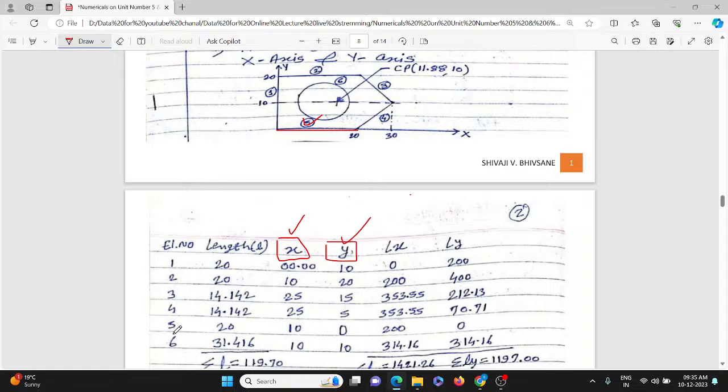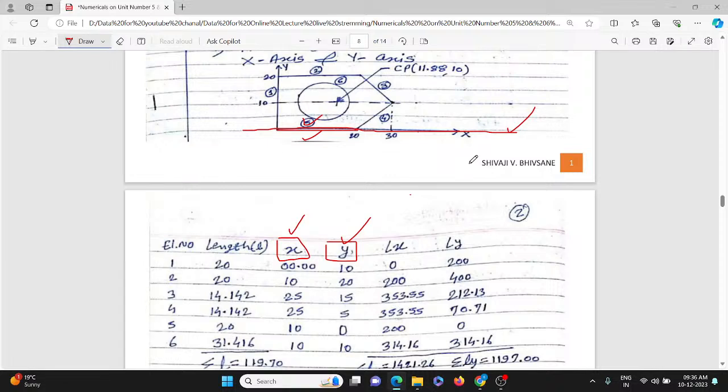Consider element number 5. Where will the centroid of this particular element lie? It will lie somewhere here on this line. So what is the distance of the centroid of element 5 from the x-axis?